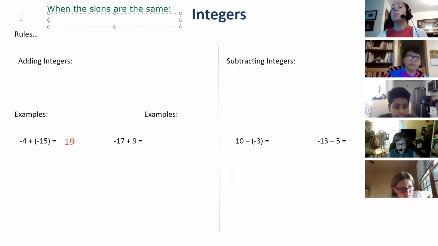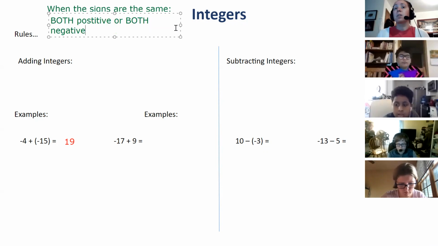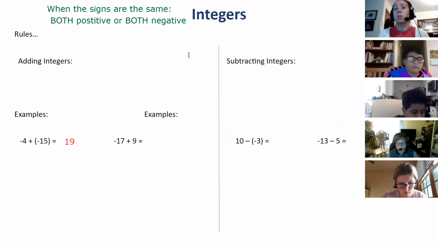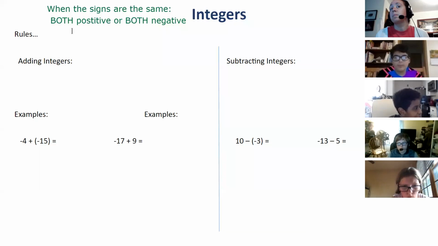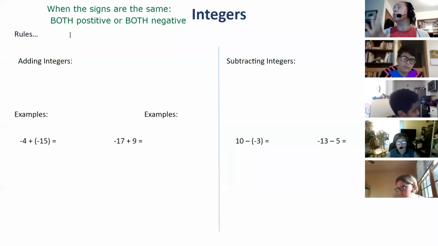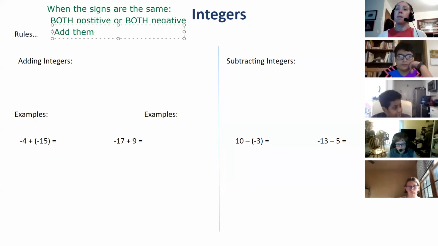So when the signs are the same, both positive or both negative, we're just going to find the sum. A way to do it is you could find the absolute value of those integers and add them, or just add them together. That's it. Add them and use the same sign.